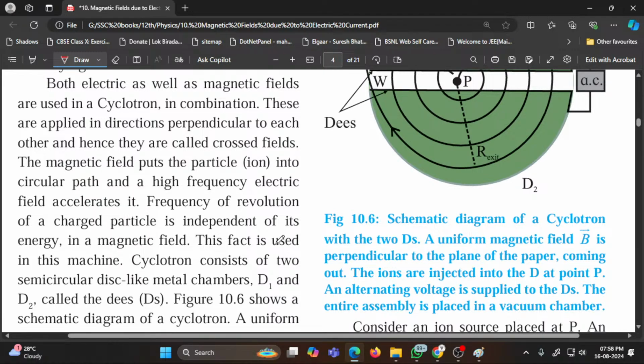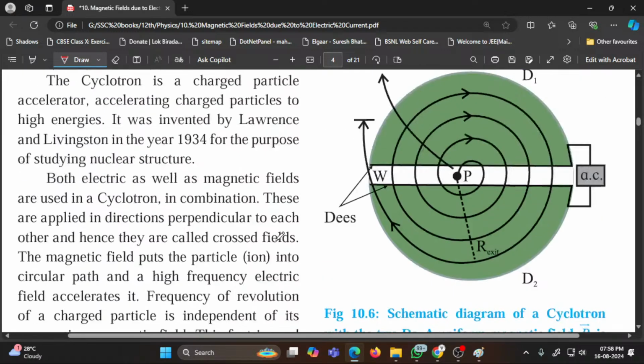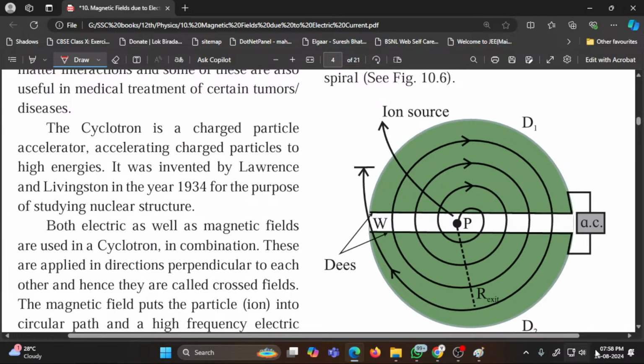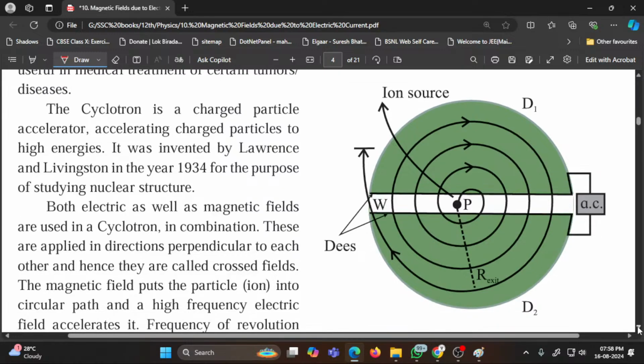So basically the cyclotron consists of two disc-like metal chambers, two Ds, namely D1 and D2, like this. Two D-shaped containers. A uniform magnetic field B is applied perpendicular to the plane of the Ds.